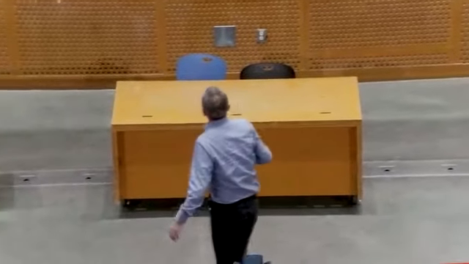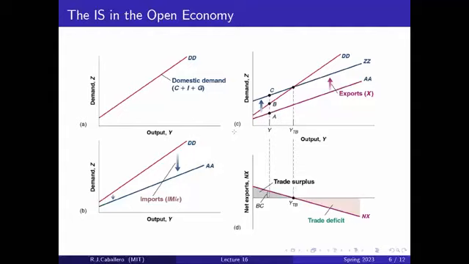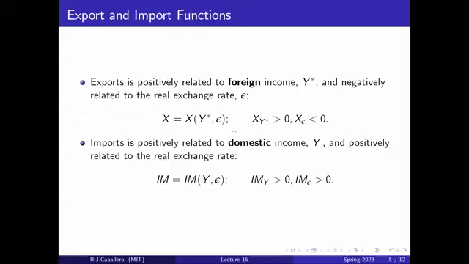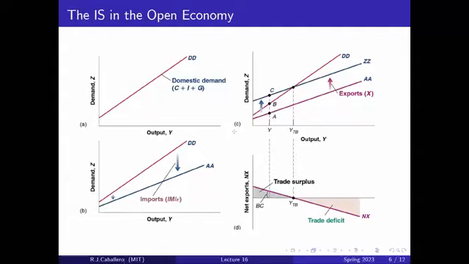That's what I'm plotting here. This is the net export function, which is simply that minus that divided by the exchange rate. It's a decreasing function of output. Why is that?